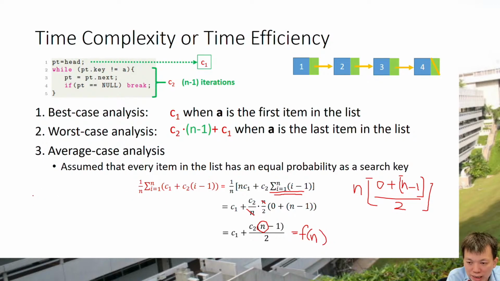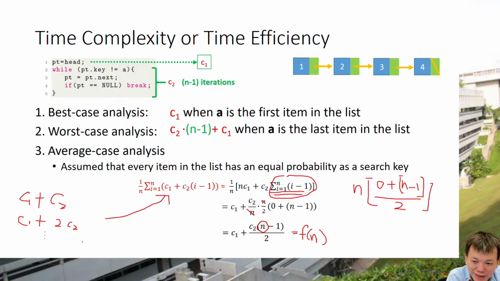I think typical things you need to make sure that you're able to, after you write C1 plus C2, C1 plus 2C2 and so on, write this in summation notation. After that, you know that this particular thing is the arithmetic series.